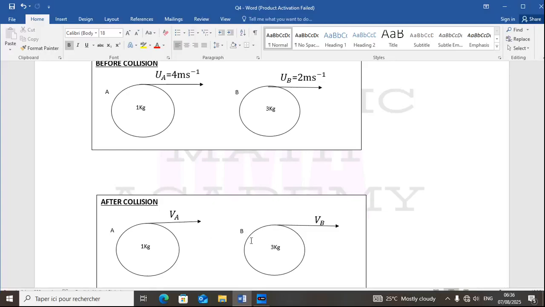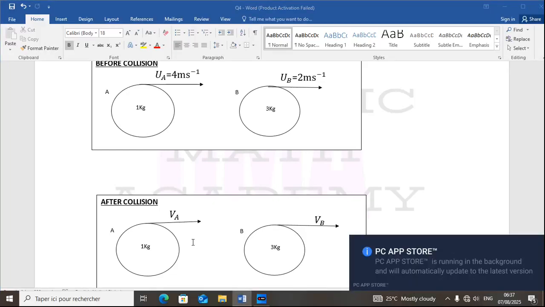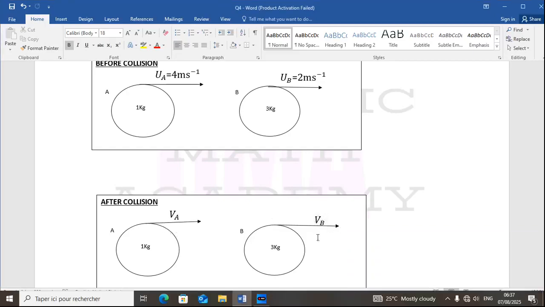Now, we don't know if they are going to go in the same direction or not. If both of them are going to go in the positive x direction, then their velocities should be positive at the end of the day. But if one of them is stationary, let me say sphere B is stationary, then automatically its velocity should be 0.